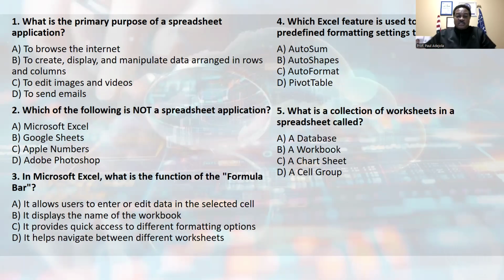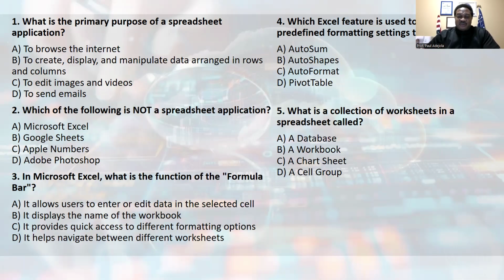Ladies and gentlemen, for question number 3, the correct answer is A. Question 4, which Excel feature is used to apply predefined formatting settings to tables? A, AutoSum, B, AutoShapes, C, AutoFormat, and D, Pivot Table. What's your own answer? Anyway, the correct answer here is C.